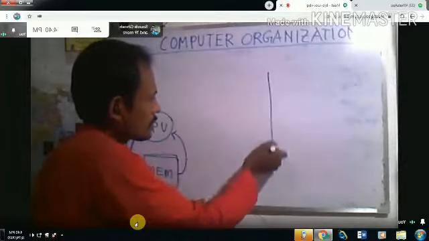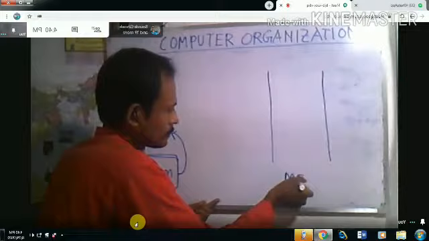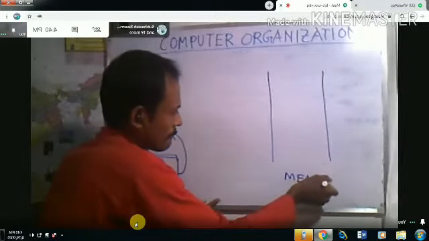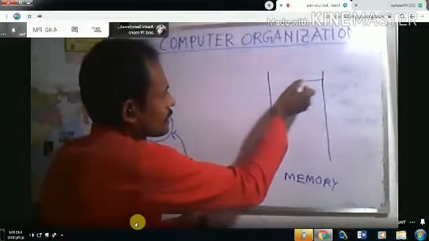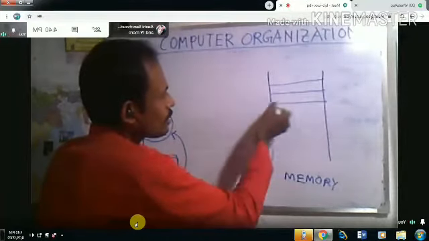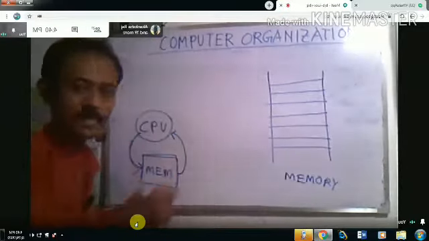Suppose this is your memory. This memory is divided into these kinds of components, these kinds of blocks.